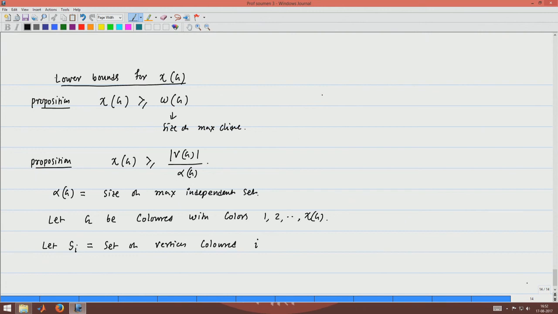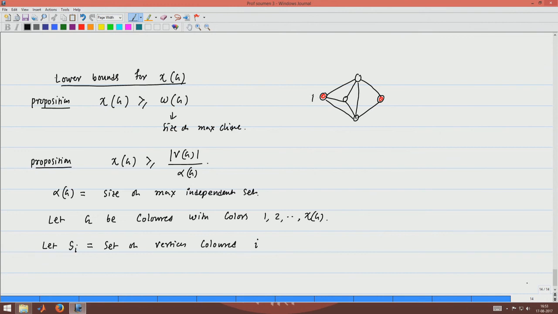Let me repeat the same example again, this graph we took at the very beginning, and then we colored this with red. Now, instead of coloring with different colors, I can color them with numbers.